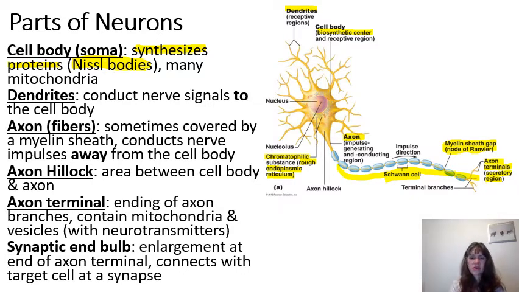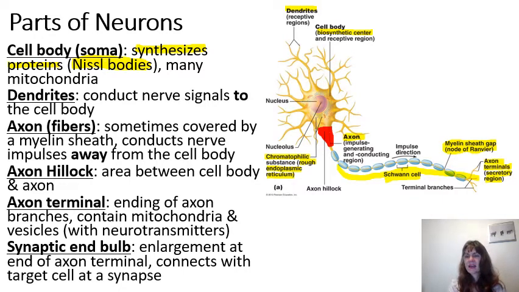There is also a special area of the axon where it initially forms off of the cell body. This triangular area of the axon is known as the Axon Hillock. We'll discuss that in just a second.